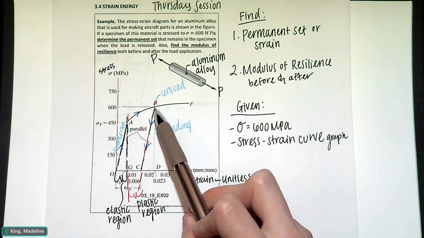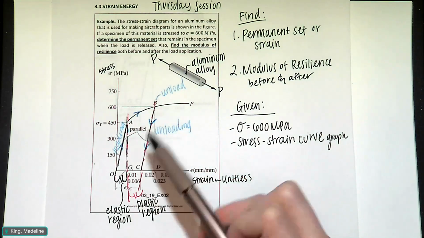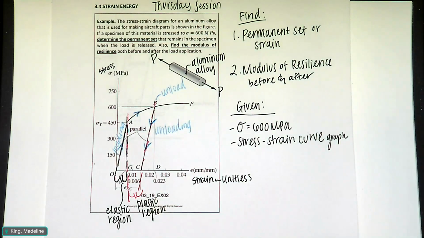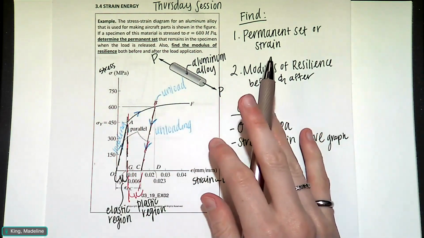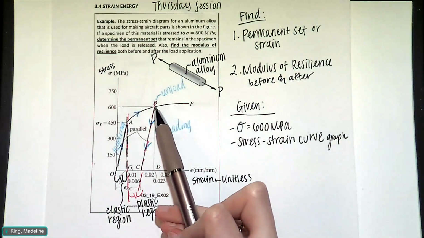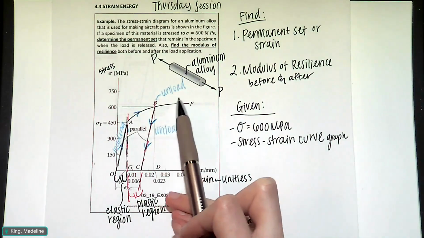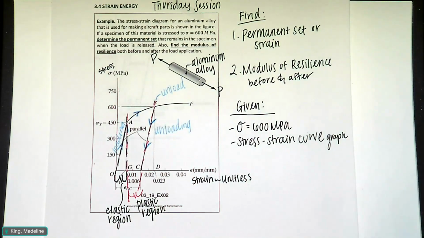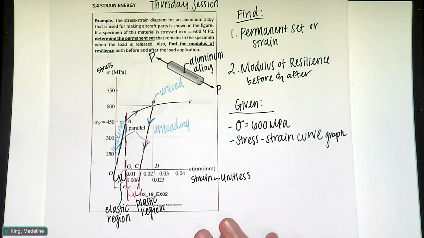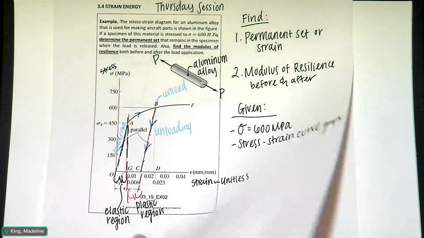So if we didn't have the line going from B to C, from point A to point F, that would be our whole plastic region. Okay. But for right now, for this problem, we're not going to worry about what's at point F. Okay. I think that's all I want to explain on this page. So I'm going to go to a different page. Does everyone have what they need for this? Yeah, okay.